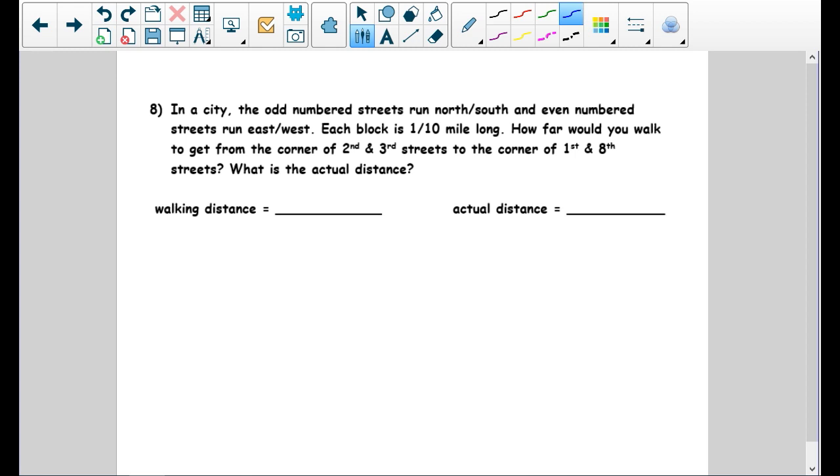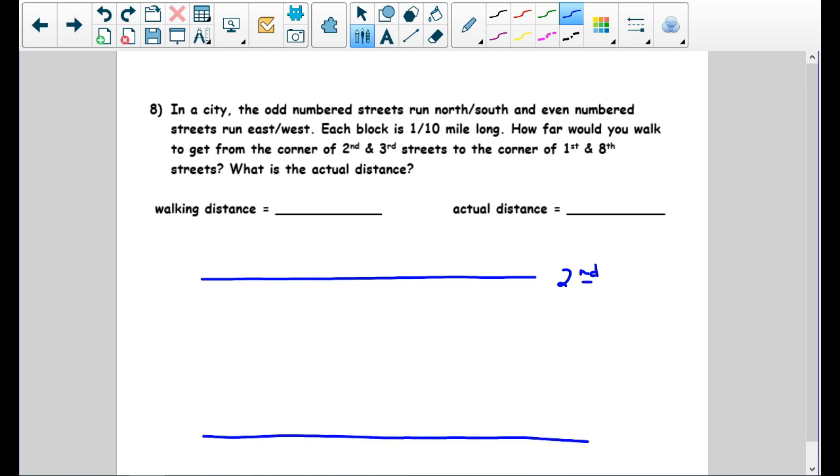So we have different streets in here, right? So north and south are even numbers. So from 2 to 8, so here's 2nd Street, and here's, sorry, I did that wrong. North and south, 2nd and 8th.